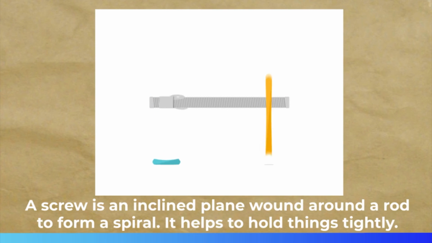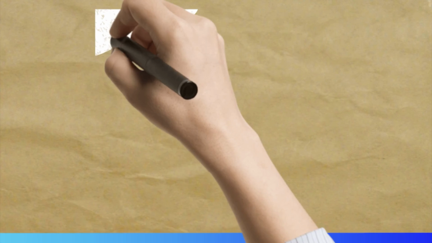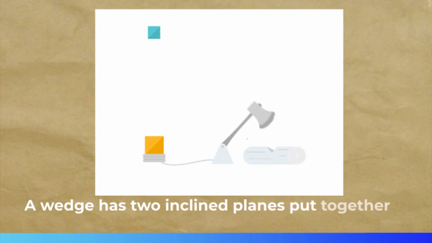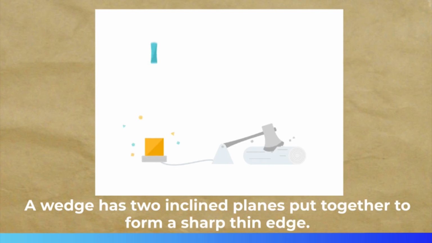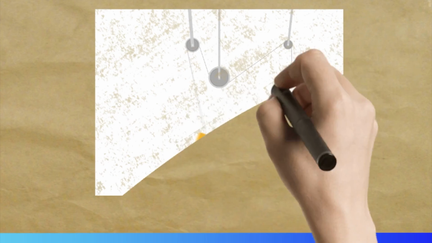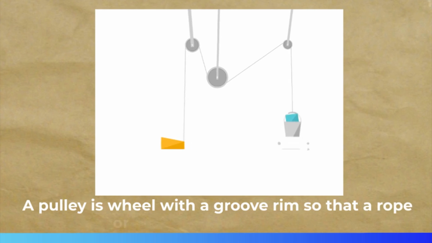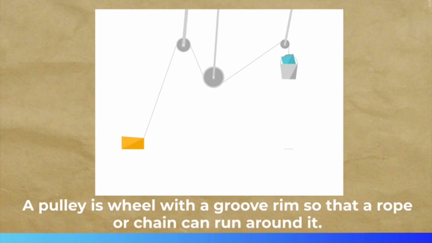It helps to hold things tightly. A wedge has two inclined planes put together to form a sharp thin edge. A pulley is a wheel with a grooved rim so that a rope or chain can run around it.